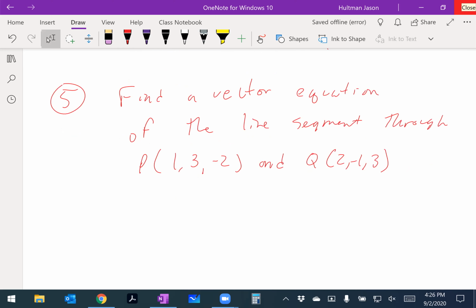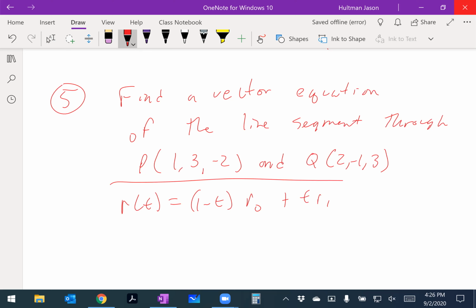Okay, so r(t) is equal to (1 minus t) times r naught plus t r1. Remember, that's our line segment equation.